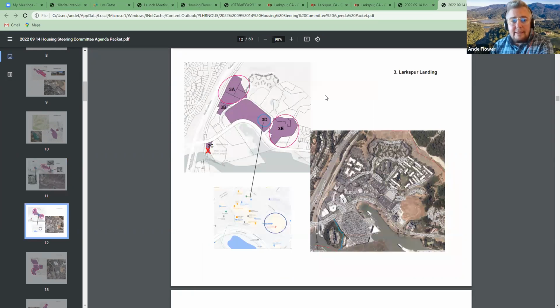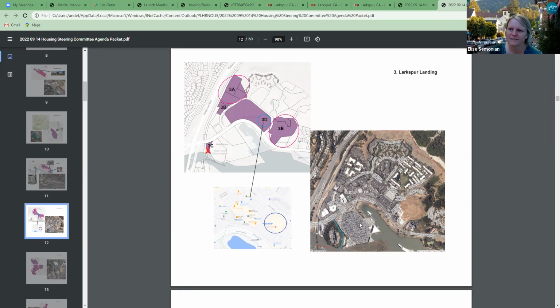Then we have the Larkspur landing sites, most of which we're suggesting remain, except for the ferry terminal. The ferry terminal lot was never actually on as I was making the map. So that parking lot, I think, has a lot of potential for housing.